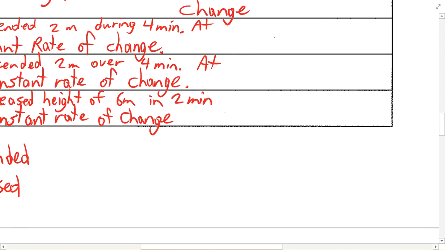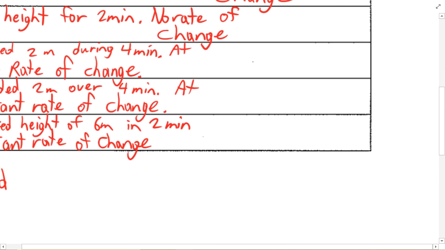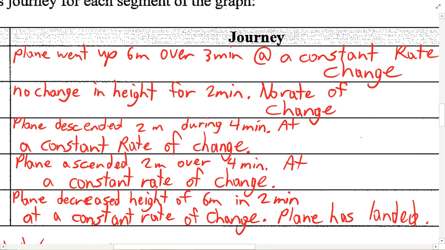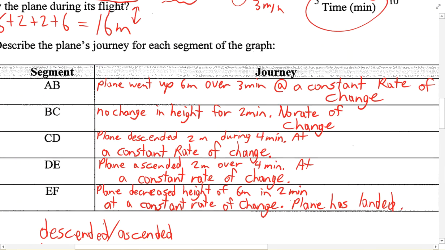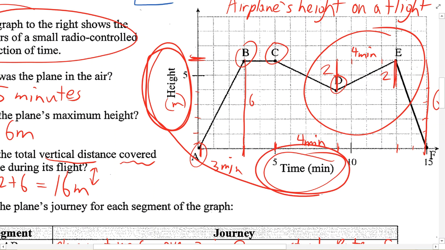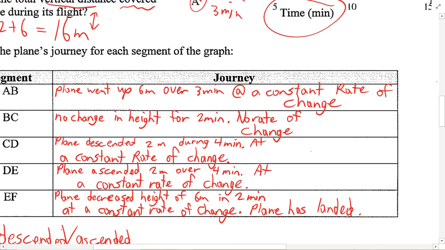Okay, and so we can then say plane has landed. There you go. And so that's describing each section of the graph. Just kind of saying what each variable is doing. So I'm looking at my dependent and my independent, and just describing what happened in that section.